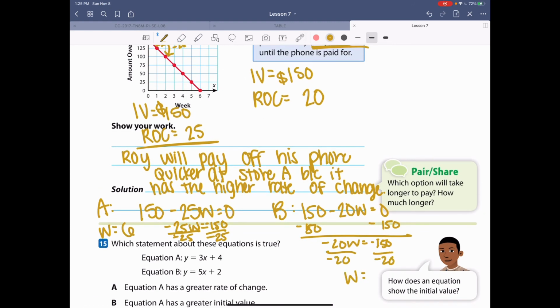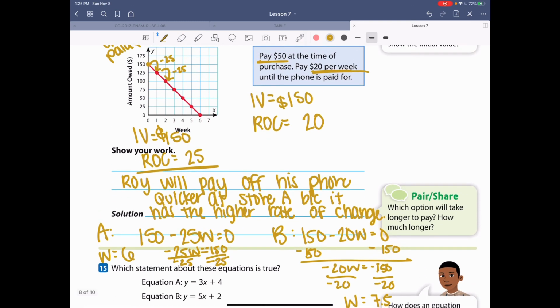So the number of weeks for store B, it'll take him 7.5 weeks to pay off the phone at store B. So store A has the higher rate of change, it's a $5 difference between the two, but since it has a higher rate of change and the same initial value, it'll take him less time to pay off the phone at store A. So that's our answer here. And we have the same initial value for both, but different rates of change. All right, and that is it for number 14.